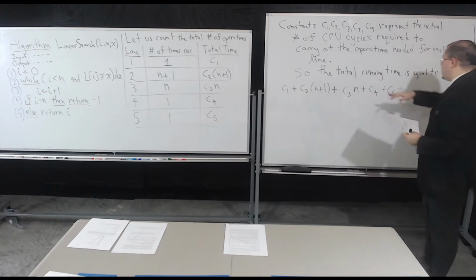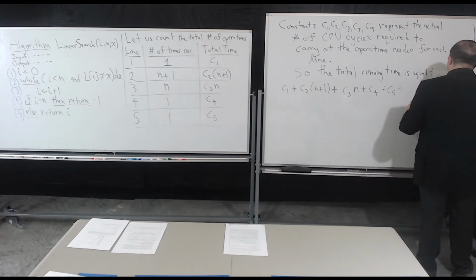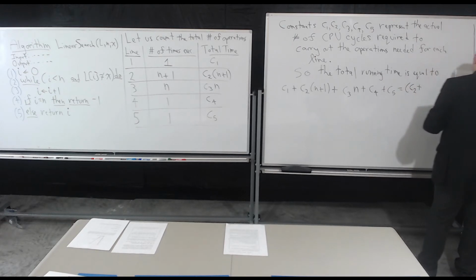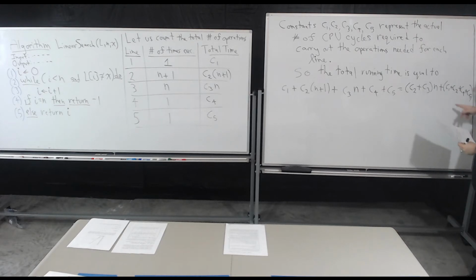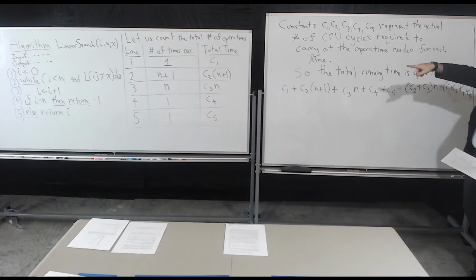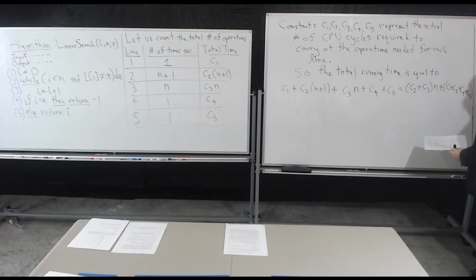I'm going to do some rearranging, and you'll notice that I can say C2 plus C3 times n plus what? I've got to put everything else together. Plus C1 plus C2 plus C4 plus C5. I'm sort of running out of space. All the other constants are in here. Notice that I have an extra copy of C2 for that one extra line execution for the condition.